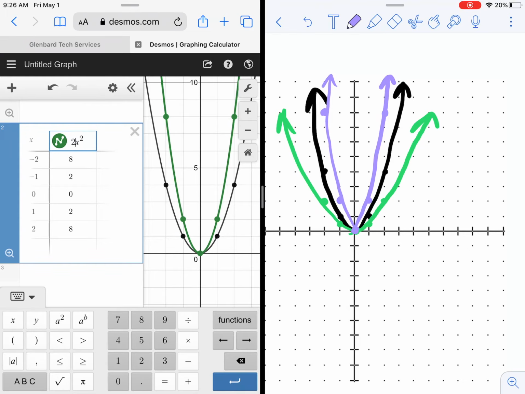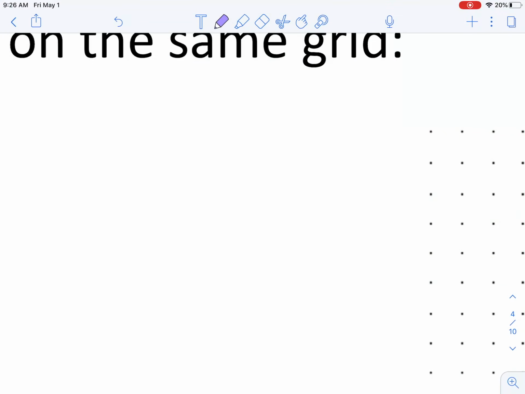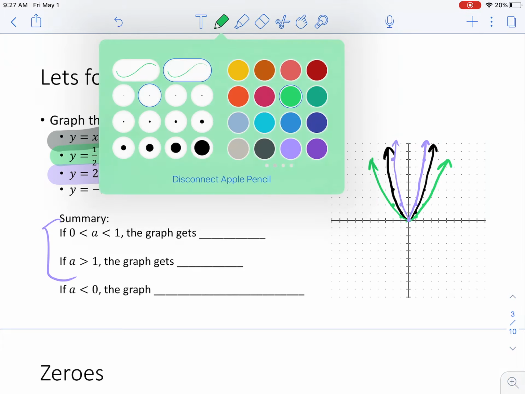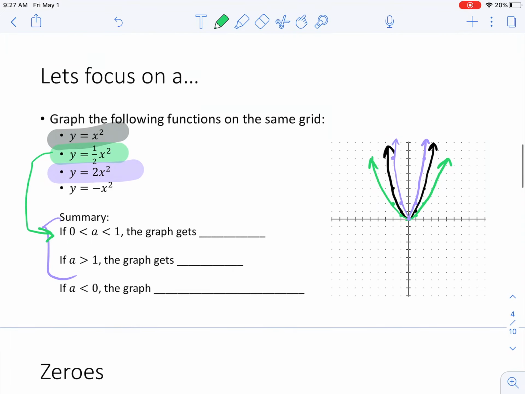So what A does is it makes the graph wider or it makes the graph narrower, which is also known as scaling the graph. I want to make a conclusion here about these first two before I move on. When A was between 0 and 1, and you can play around with this on Desmos to prove it to yourself, but I'm going to try to keep this a little bit quick, it's going to make the graph get wider, as we saw there.